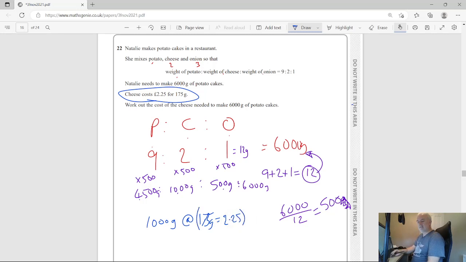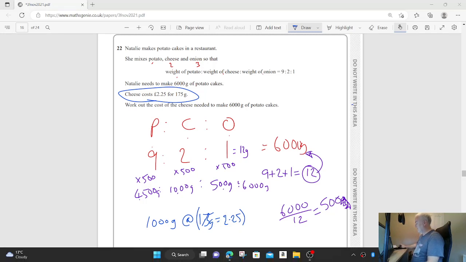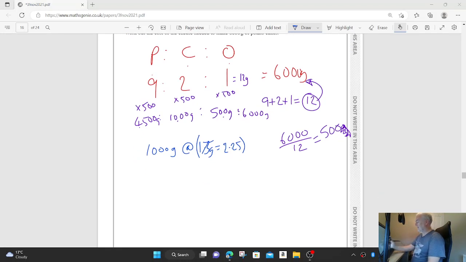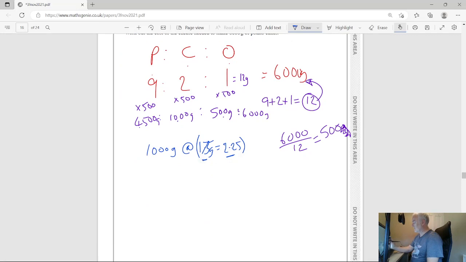So I need to know how many lots of 175 I need to multiply by £2.25. So £2.25 multiplied by 1,000 divided by 175. That's the calculation I want to find out. How many lots of 175 go into 1,000? And then I want to multiply that by 2.25.